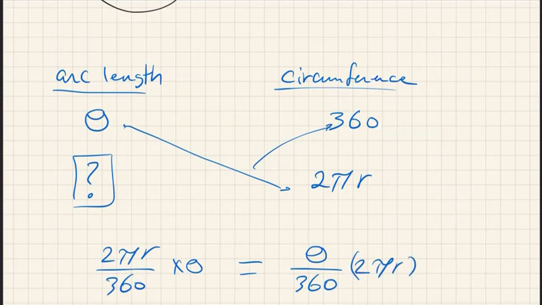If you have the circumference of a circle and you want only the arc length of a sector, you take the circumference and multiply it by the fraction of the angle of the sector divided by 360.